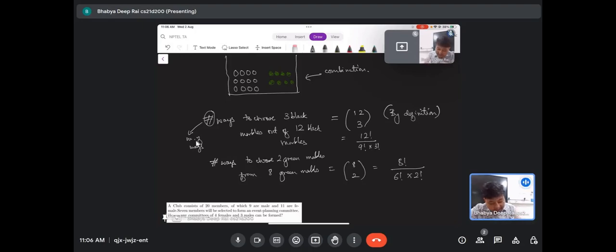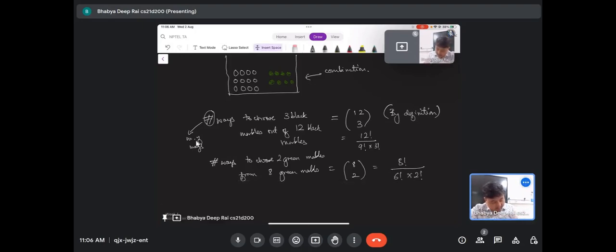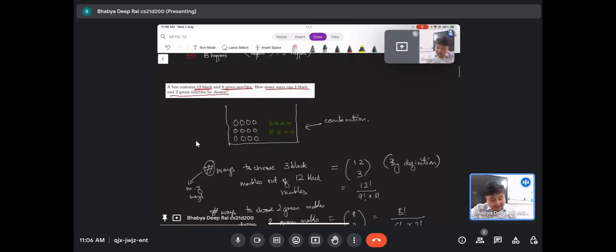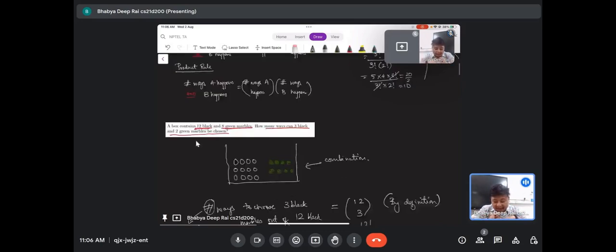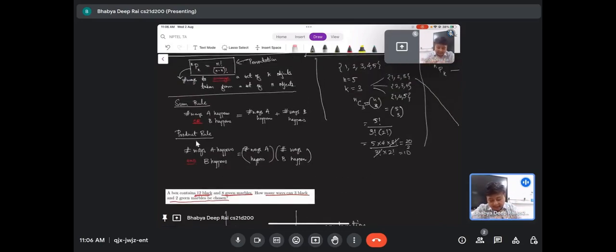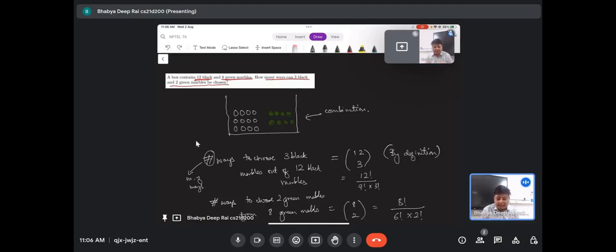So now what do we do? The question is asking how many ways can 3 black marbles and 2 green marbles be chosen? We know how to count those events separately. How do we combine them? We use either the sum rule or the product rule. So think for a moment, should we use the sum rule or the product rule?